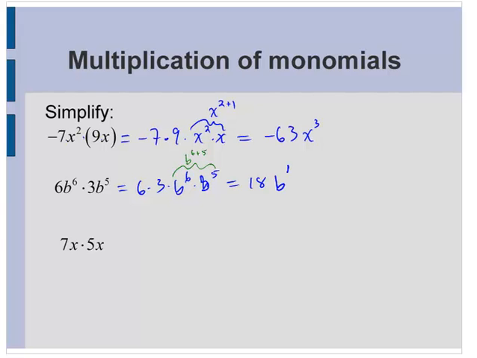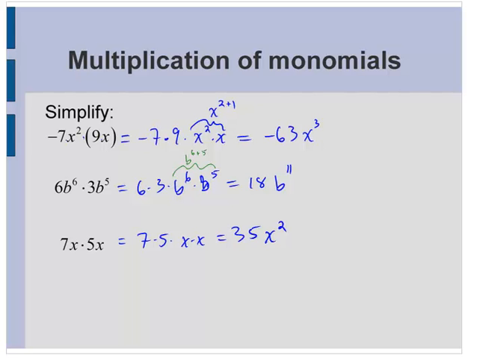So we'd have b to the 11th power. 7x times 5x is 7 times 5 times x, 35, x squared. So that's how you can multiply monomials.